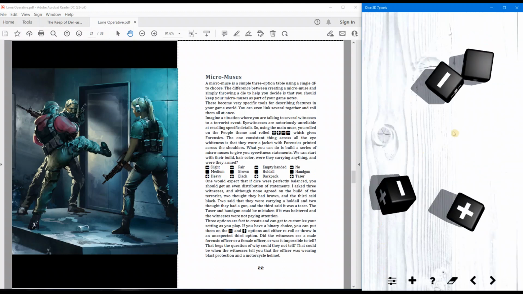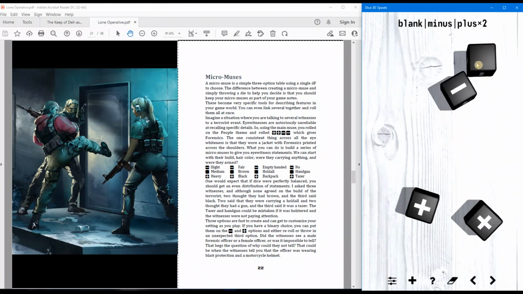And what you could do is ask another witness, and that's blank. They also say medium build. So we've got two people saying they're medium build. So you could start to say, right, that's what we're looking for now. This one is also saying fair hair. So our medium build, fair hair is starting to make sense.